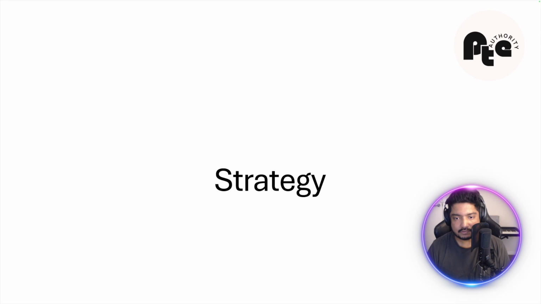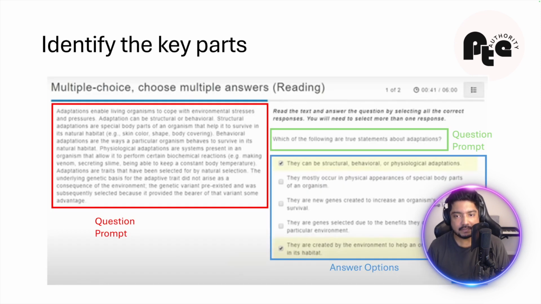First we'll be talking about the strategy. This strategy is common to most of the reading type questions. The strategy involves identifying the different key parts of the question. Multiple choice, multiple answer questions usually have a longer text compared to the multiple choice single answer question.